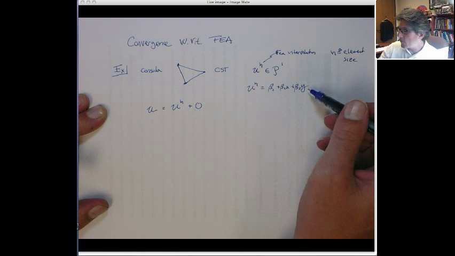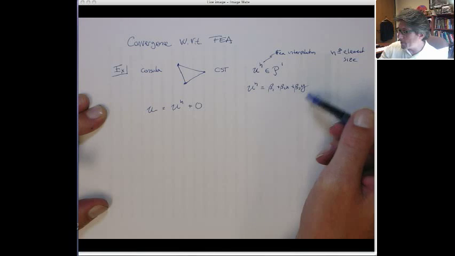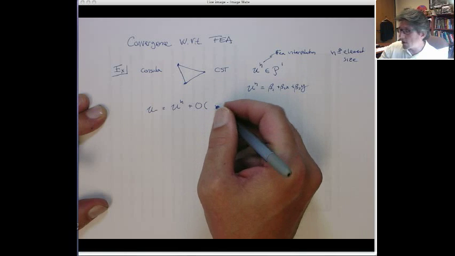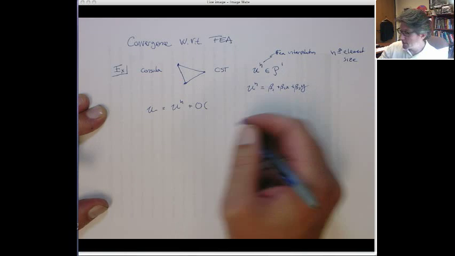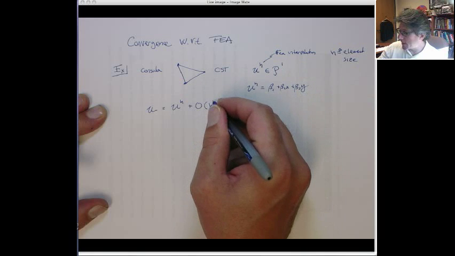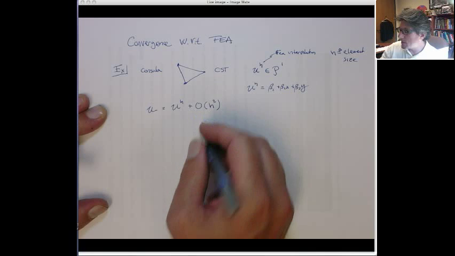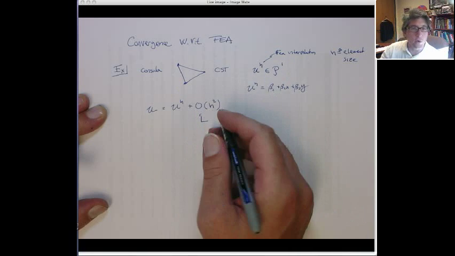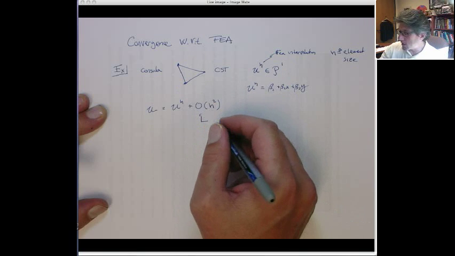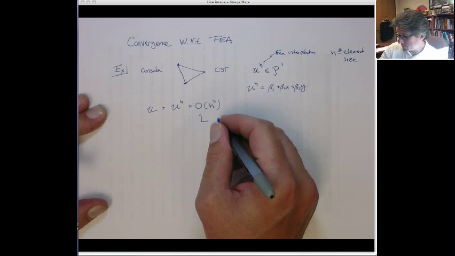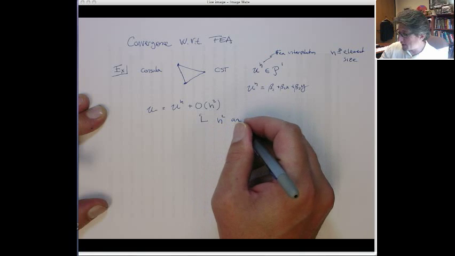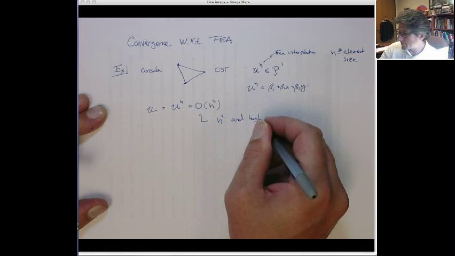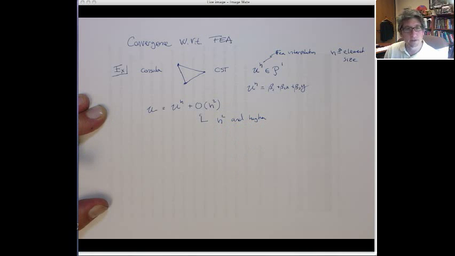So for a constant strain triangle, what are we missing here? We're missing things that are quadratic and higher. So we usually write that as h squared. This is what we call O notation. This means all the terms that are h squared and higher. These are the higher order terms.